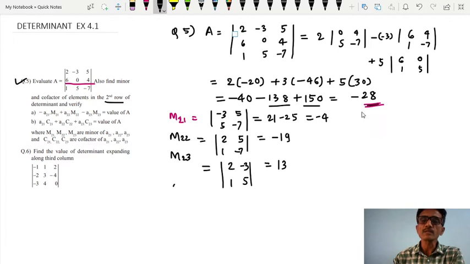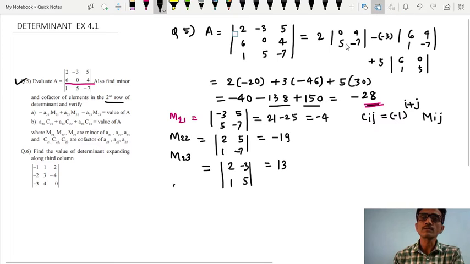Now we have to find the cofactors. You know the cofactor Cij is equal to minus 1 raised to power i plus j into Mij. This is the formula for cofactors.